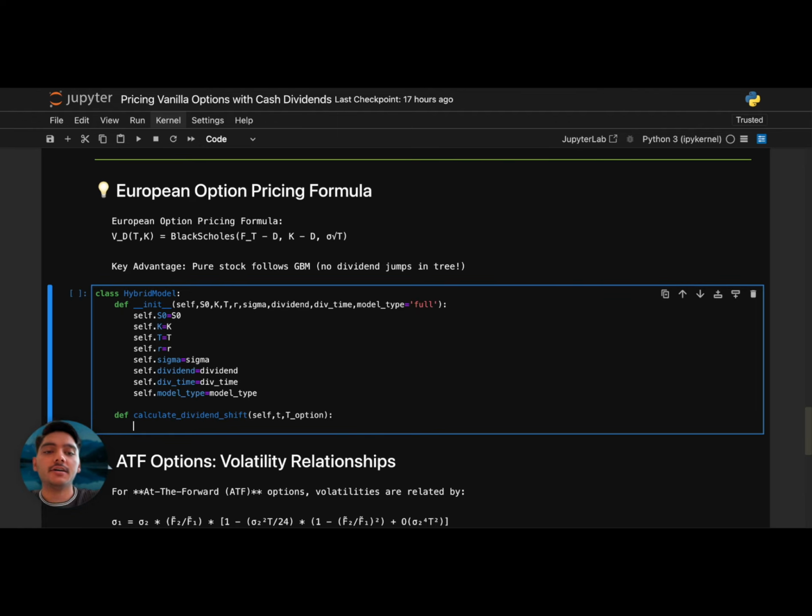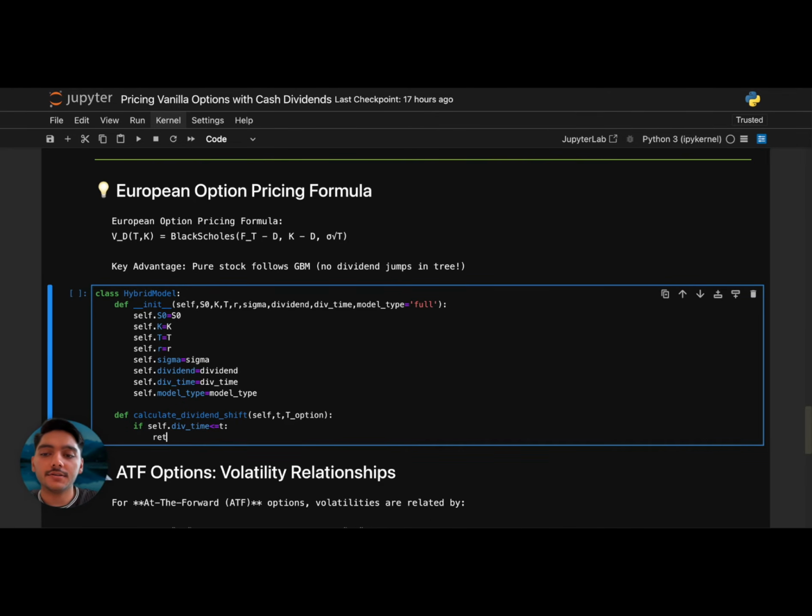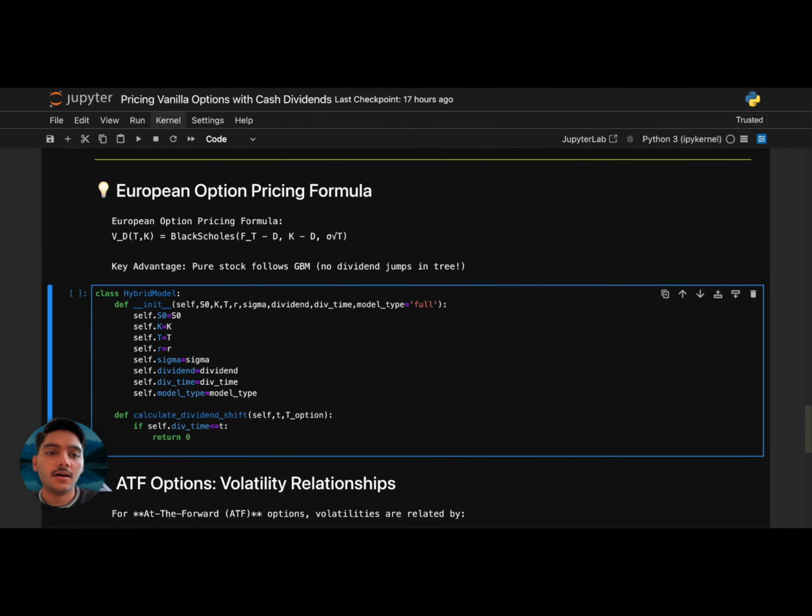Now we'll calculate the dividend-related adjustment D_T. If self.dividend_time is less than or equal to T, we will return 0, and PV_dividend, the present value of dividend, is equal to self.dividend times np.exp of minus self.r times self.dividend_time.